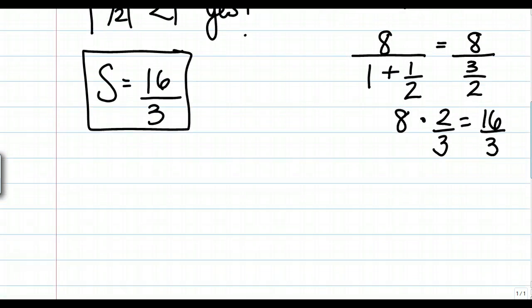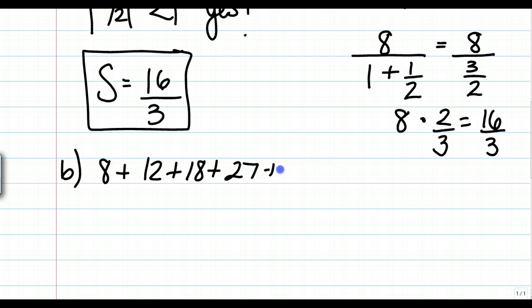Let's do another one. Let's look at B. What if I gave you 8 plus 12 plus 18 plus 27 plus ... So 12 divided by 8, you know that 4 goes into both of them. 4 goes into 12 three times, and 4 goes into 8 twice.